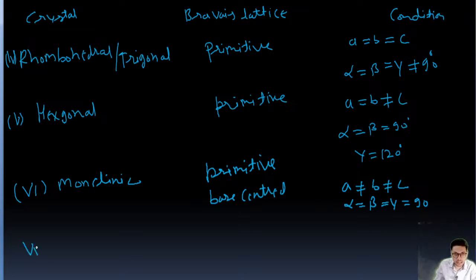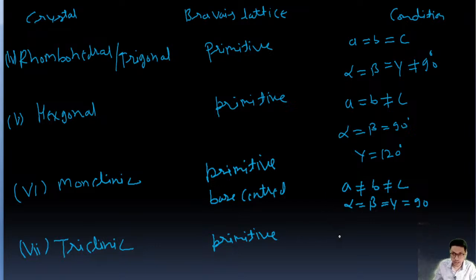Now the last crystal is the seventh crystal, that is triclinic. So what are the Bravais lattices? The Bravais lattice is primitive only. For triclinic, the Bravais lattice is primitive, and primitive I have explained in my previous lecture.